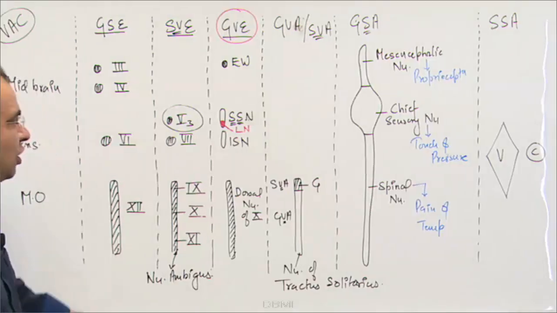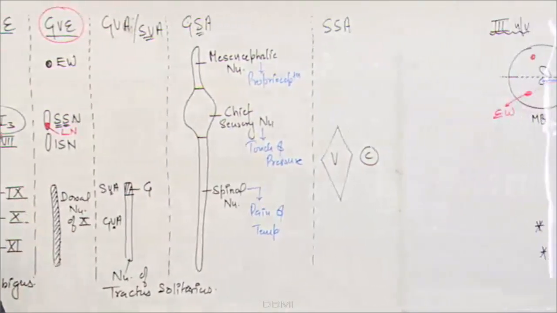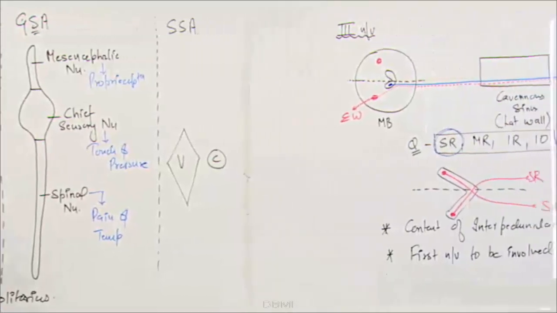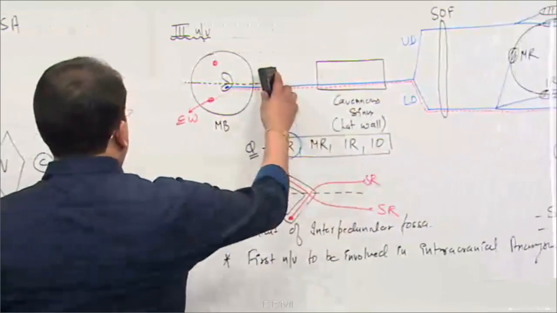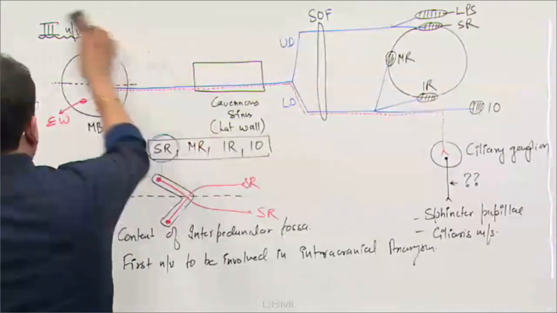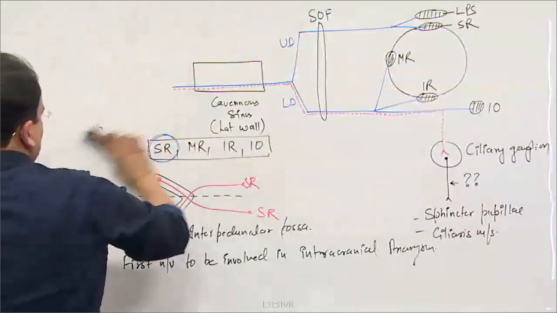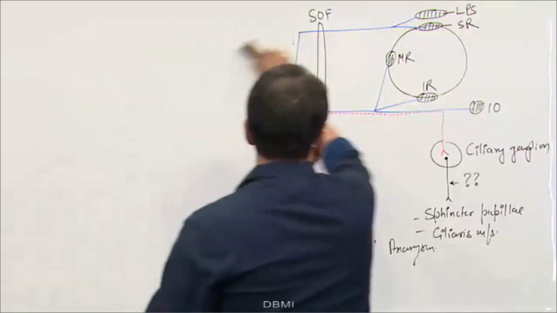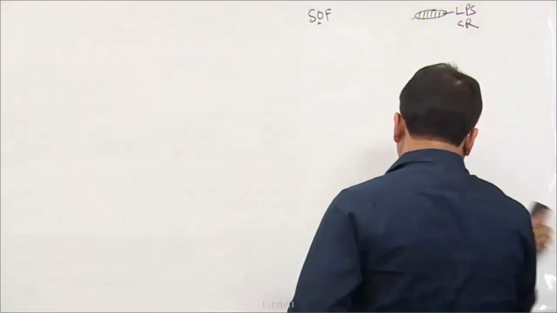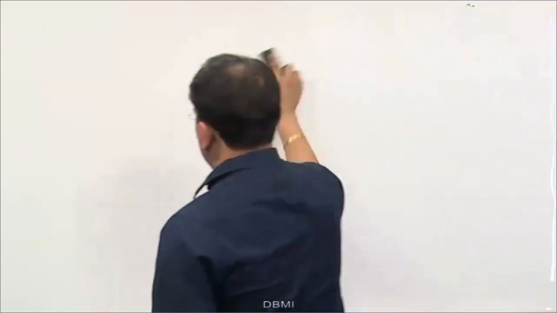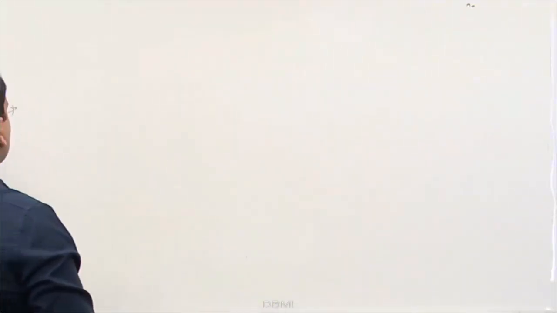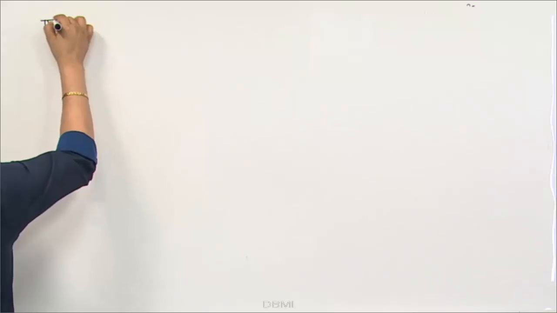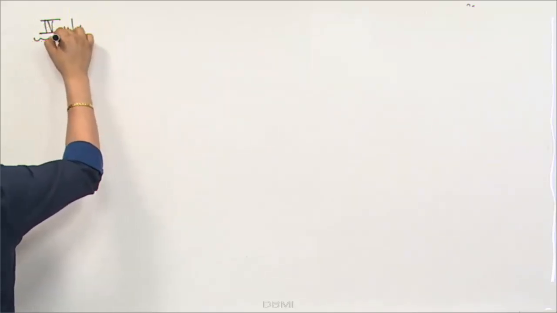Well, let's not rub this out because we will be needing this for cranial nerve columns only. Coming back to the next nerve, that is the fourth nerve, or trochlear nerve.